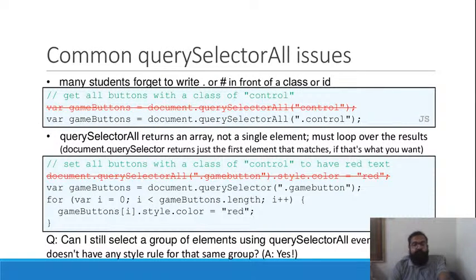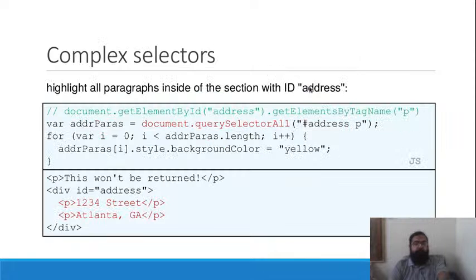So you have query selector all. If you want to select all the controls, you have to write it with the dot for a class or a hash for an ID. Here we have used hash address, and that is how I know that it is an ID, and not a class.